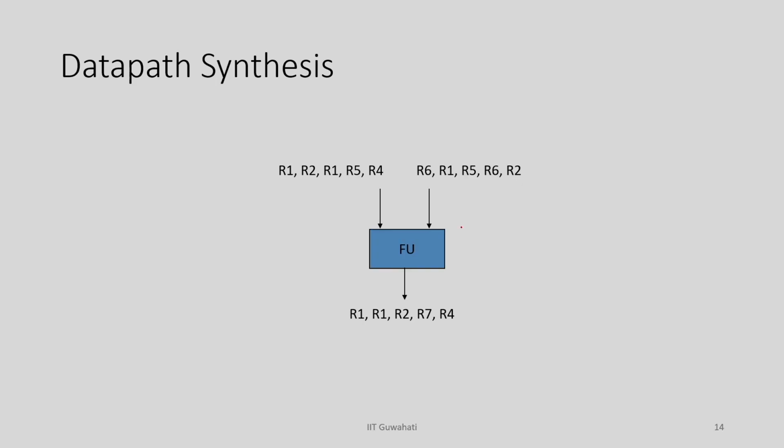So, the inputs for this FU are R1 and R6 in time step 1, and say R2 and R1 in time step 2, R2 and R5 in time step 3, and so on. These are the possible inputs coming from the registers to this function unit.